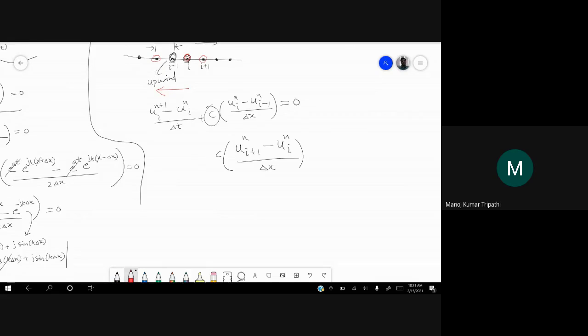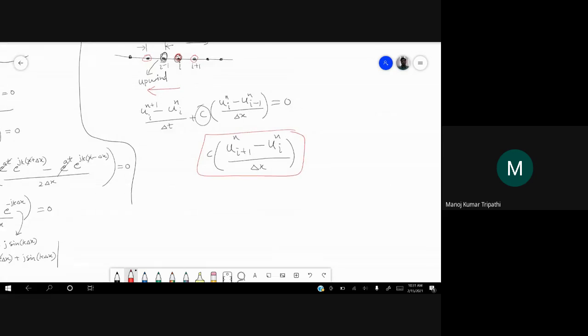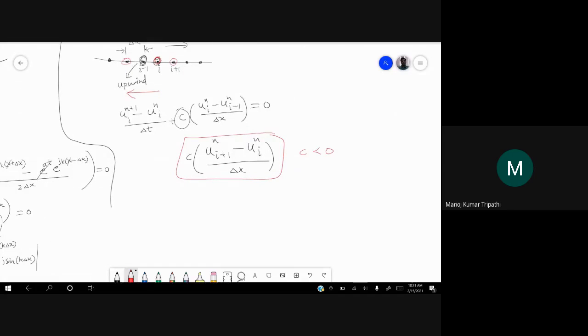So this is for C less than 0, and this is for C greater than 0. If there is any question, you can ask now. Okay.